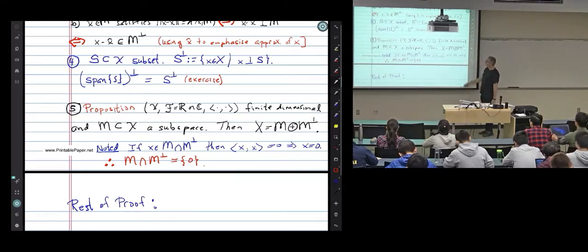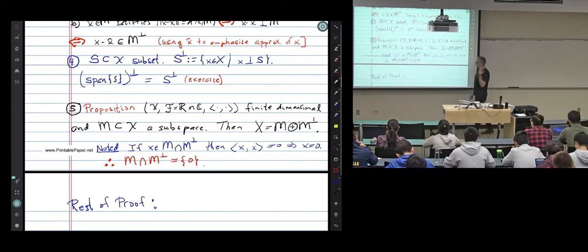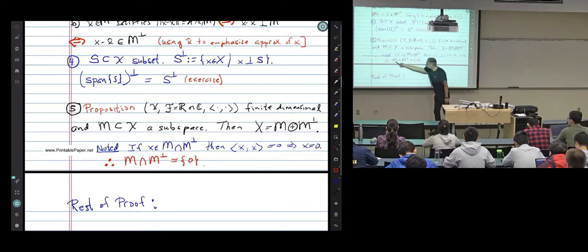Then I can always decompose X into the vectors in M and those orthogonal to M. And remember, the direct sum means the intersection has to be the zero vector only. It's precisely the zero vector. Okay, so that's what it takes to have the direct part here.